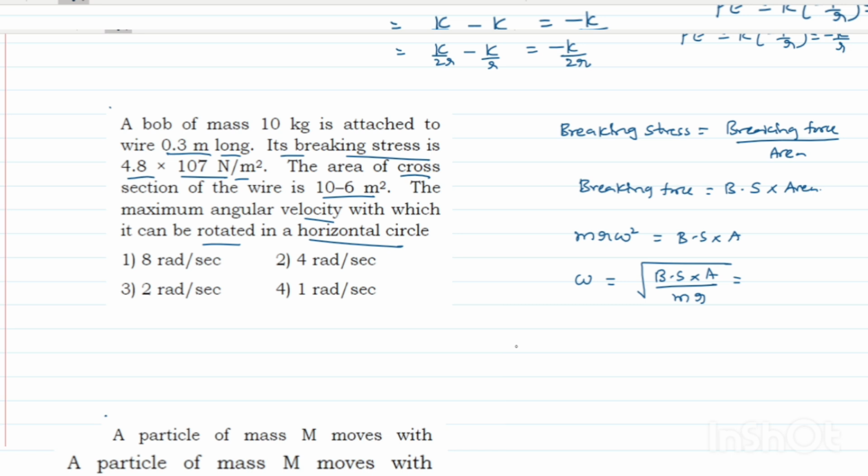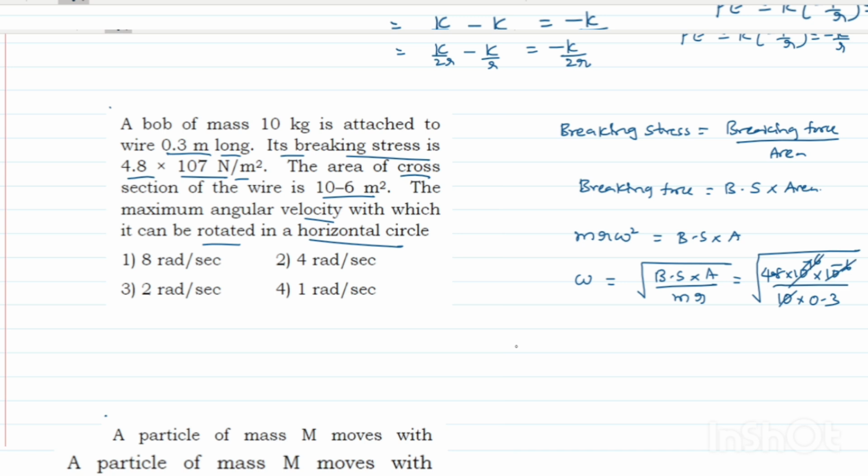The breaking stress is 4.8 into 10 power 7, into area 10 power minus 6, by mass 10 kg, and radius is the length, 0.3 meter, all under root. Let us simplify. The 10 and 10 cancel, it becomes 10 power 6, and that cancels with 10 power minus 6.